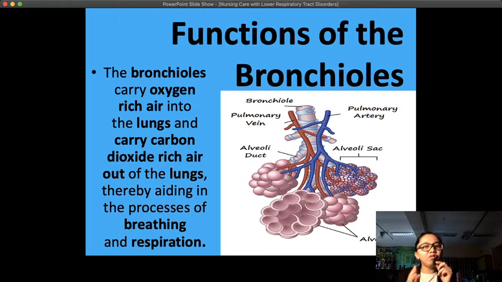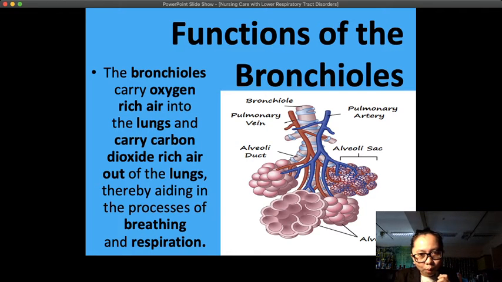Kaya nga, the main function of respiratory system is breathing. Okay? So we can see the pulmonary artery and we can see the pulmonary vein. So when we say class, pulmonary vein, that's the red one. This one, that is the pulmonary vein, red in color.